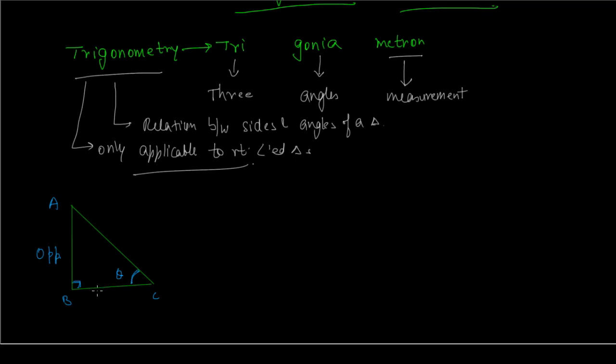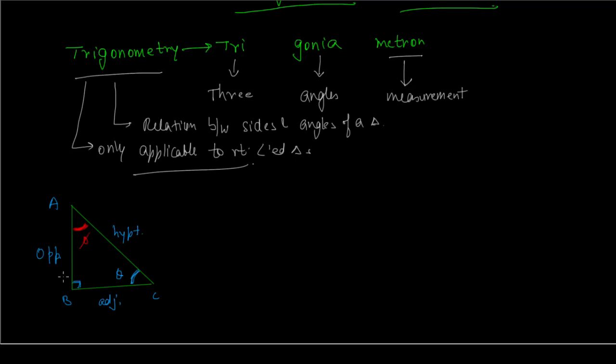This side is adjacent to this angle, so this is the adjacent side, right? And AC will always be the longest side of a right angle triangle. It is the hypotenuse. So with respect to this angle, this is the opposite side, this is the adjacent side, and this is the hypotenuse. If we take some other angle, for example, this angle, which I can mark as phi, then the side names will change, because with respect to that angle, the side names will change.